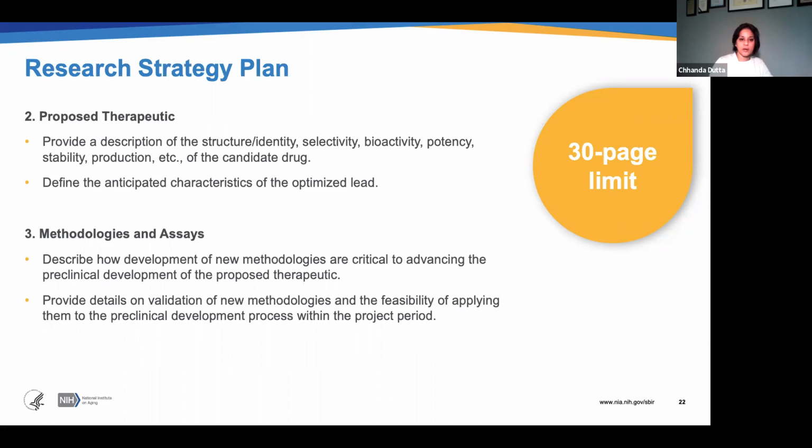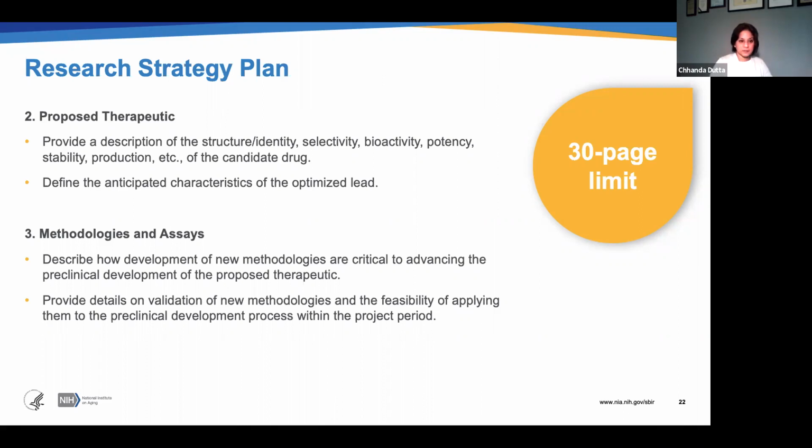So describe how these methodologies are critical to advancing your preclinical development, and then provide details on how you plan to validate these methodologies and the feasibility of applying them during the preclinical drug development process.